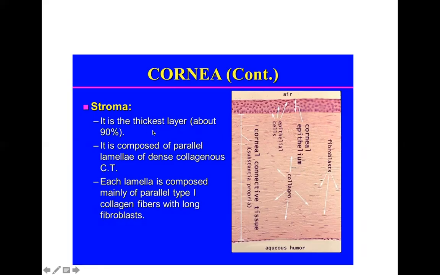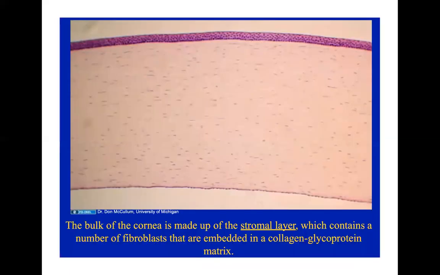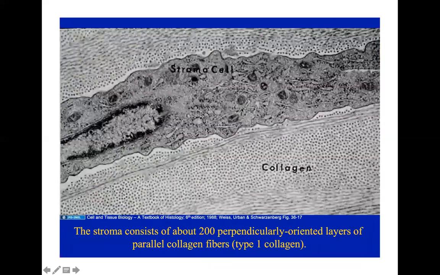So the thickest layer is the stroma, composed of dense collagenous connective tissue. So you have your collagen fibers, your fibroblasts, and your keratocytes. Okay, so it is made up of fibroblasts embedded in this glycoprotein matrix.